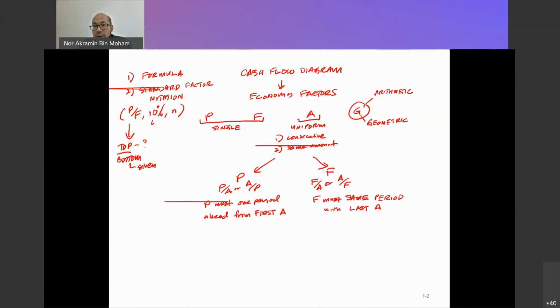This gradient is defined as a change in amount with the same value for arithmetic, so the arithmetic gradient has the same value or same amount, and geometric has the same percentage. So the change must be consistent with the same amount for arithmetic gradient, and for geometric gradient with the same percentage.